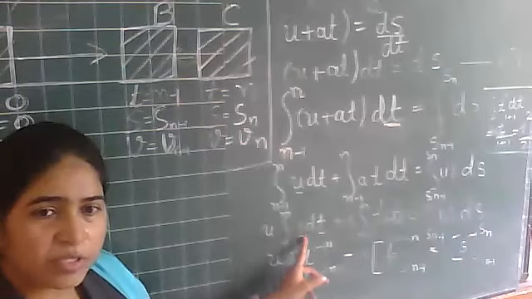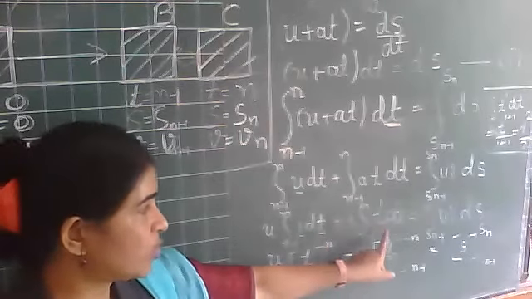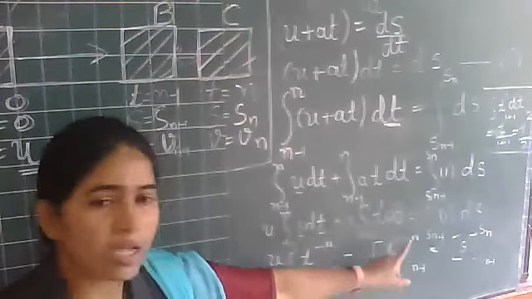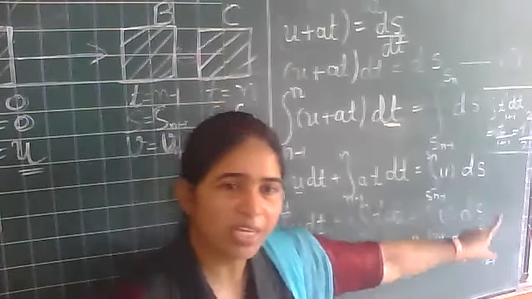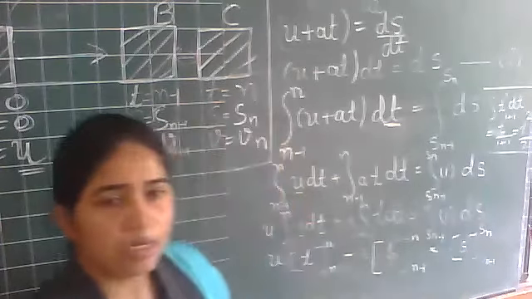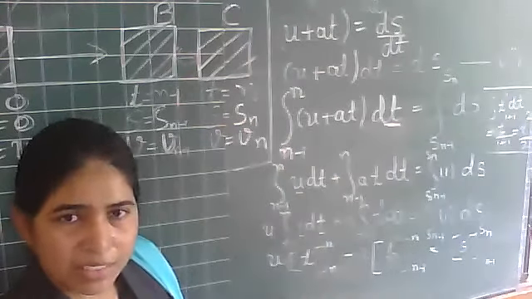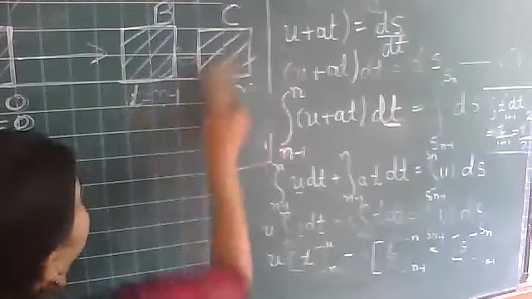The integration of 1 will give t. Integration of t raised to the power 1 will give you t square by 2. And the integration of 1 with respect to ds will give you s. Now we are going to substitute the upper limit minus the lower limit.